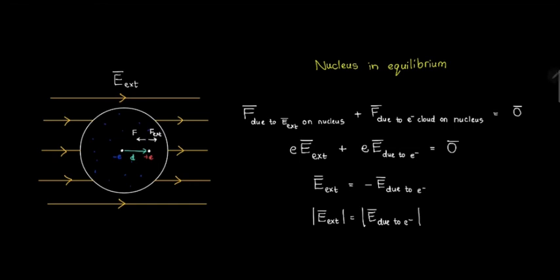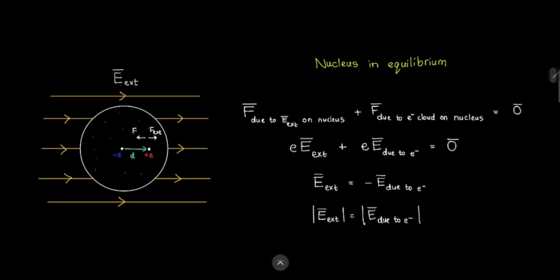So when will the nucleus not go away? It's an equilibrium. When the nucleus is staying in the place where it is, it's in equilibrium. That means when you sum up all the forces acting on the nucleus, the net is zero.